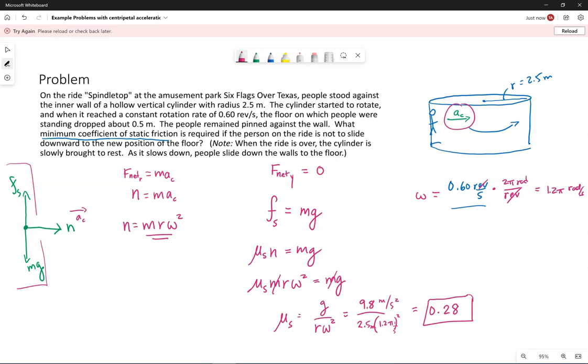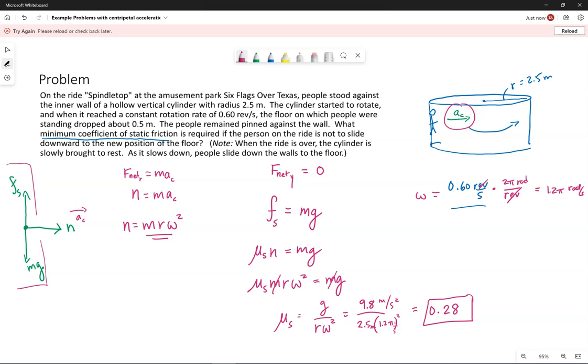So we end up with no units. This number for static friction is on the lower end, given that friction coefficients lie between 0 and 1. So 0.28 would be on the smaller end, meaning most clothes against the wall should be fine.